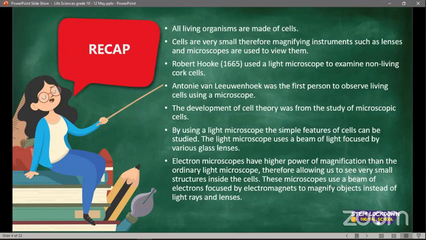So the scanning electron microscope scans the outside of the cells. It only shows us the outside of the cells, and the transmission electron microscope shows us the inside of the cell by allowing light to pass through that cell. And you guys asked a question yesterday: do we use slides for the electron microscopes?